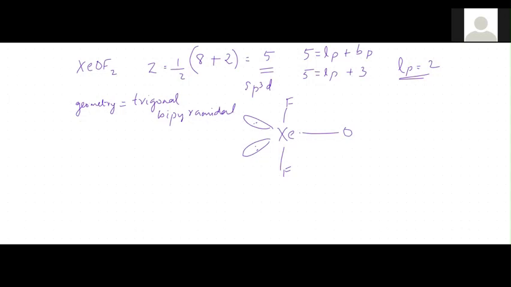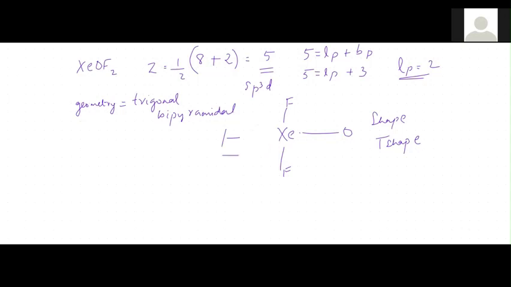And if I ignore these lone pairs, the shape is what? It is T-shaped. If you ignore the lone pairs, what shape do you get? Something like this, a T. If you rotate it, you get a T, right?